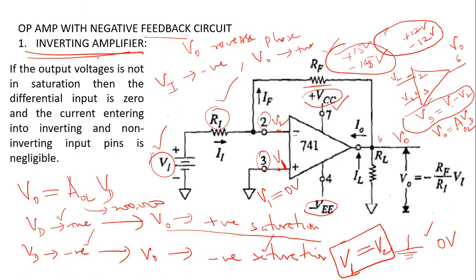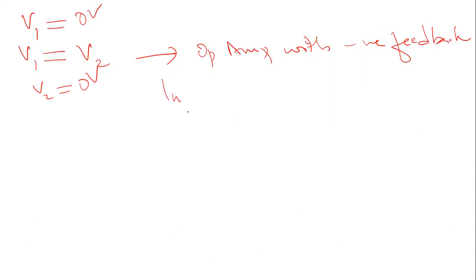Now another thing that you should remember from what I discussed about the characteristics of op-amp is that the differential input resistance at the input terminal of an op-amp is very large. It's around 2 mega ohm in a practical op-amp.